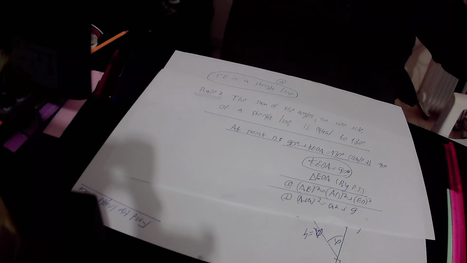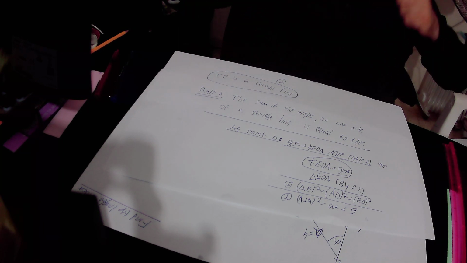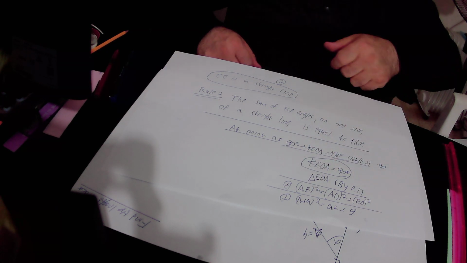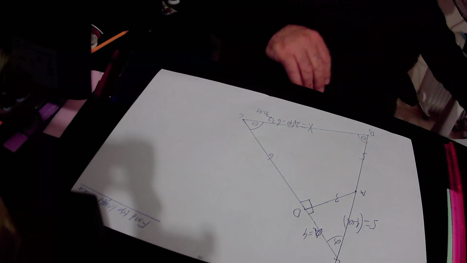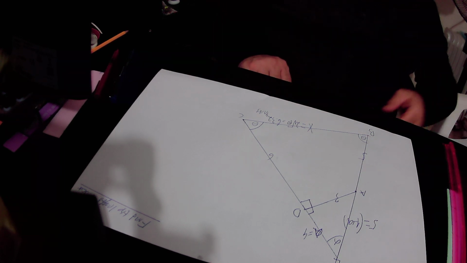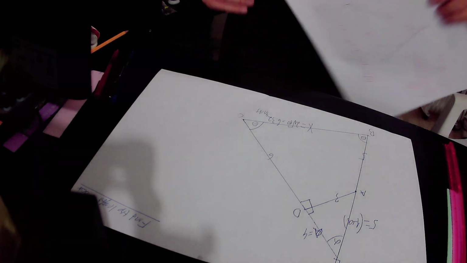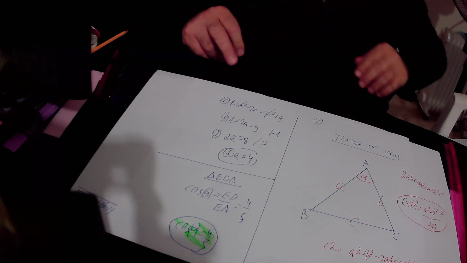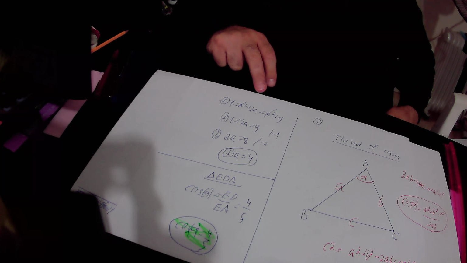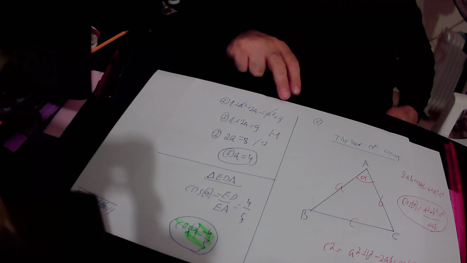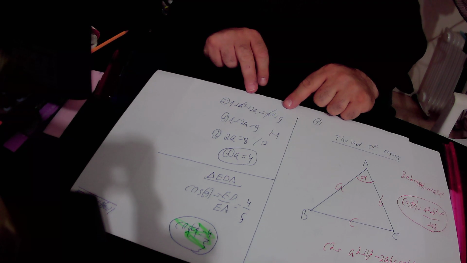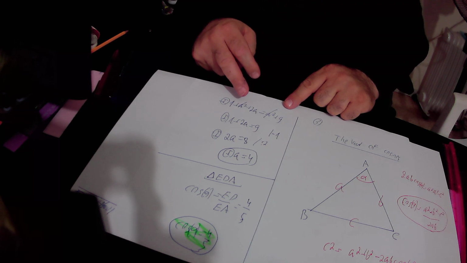So in conclusion, according to equation number 1, (1 plus a) squared equals a squared plus 9. We open the brackets: 1 plus a squared plus 2a equals a squared plus 9. We have a squared on both sides, so a squared gets cancelled, and we are left with 1 plus 2a equals 9.